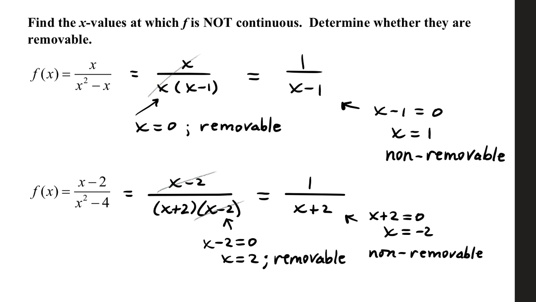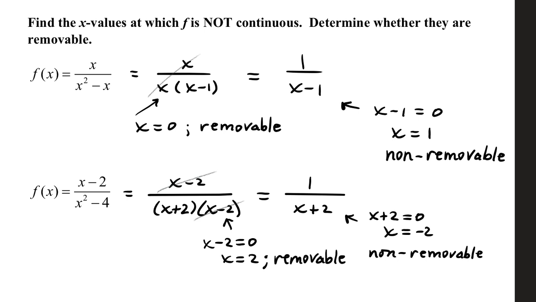Since it can be removed by canceling, it's a removable discontinuity. The factor x minus 1 cannot be canceled. It's non-removable. If x is 1, the denominator becomes 0, but it's non-removable if you cannot cancel it.